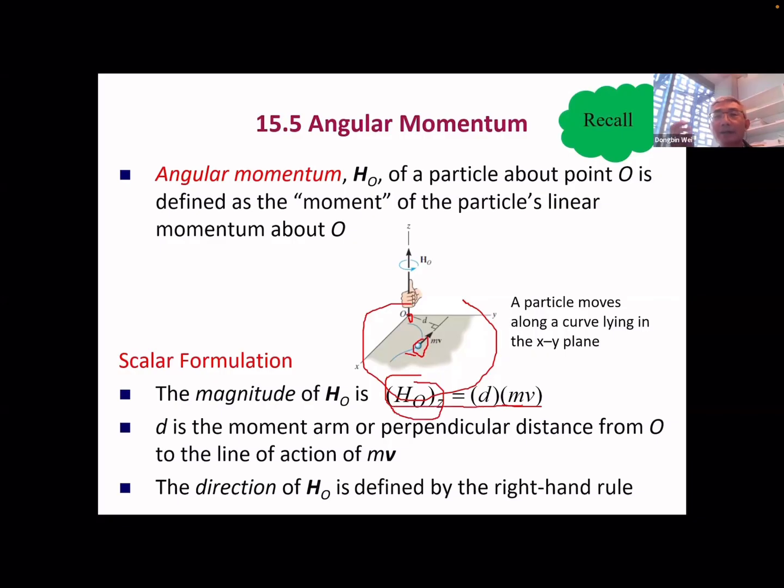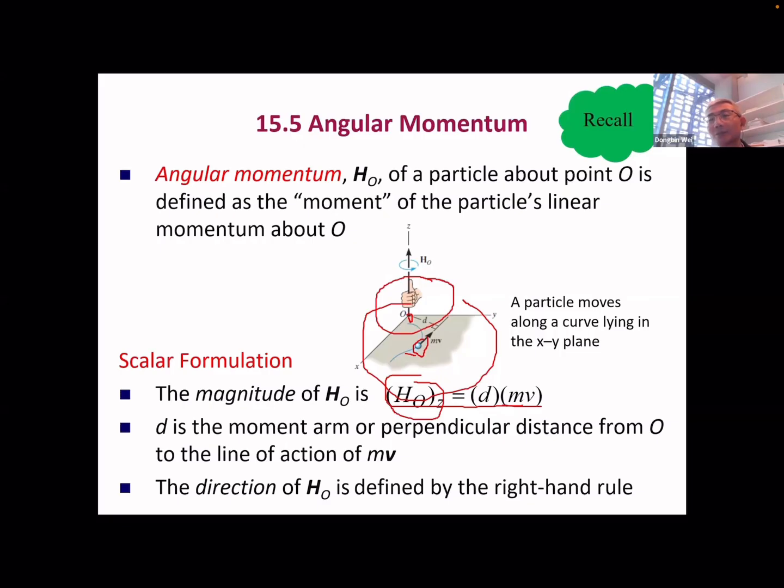Angular momentum and linear momentum are both vectors. If it's a vector, then we should know how to determine its direction. For linear momentum, we know the direction is the same as the direction of velocity. But for angular momentum, the direction must be determined using the right hand rule, which we already know how to use.